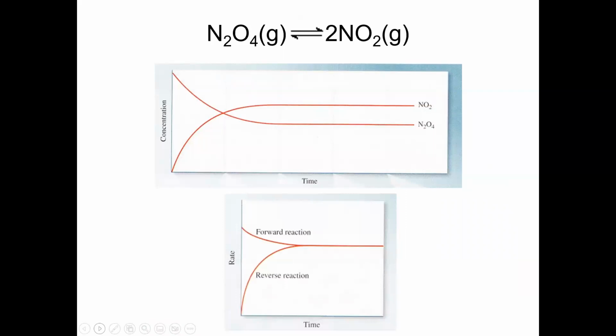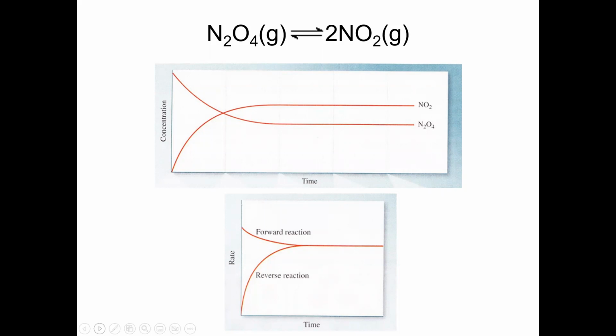So I did kind of mention this, that the concentration of the dinitrogen tetroxide and nitrogen dioxide did not exactly change the same amount, because when we look at the rate, we're using one dinitrogen tetroxide while producing two nitrogen dioxides.